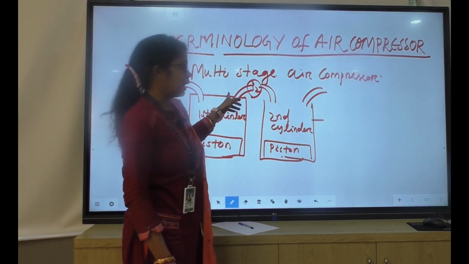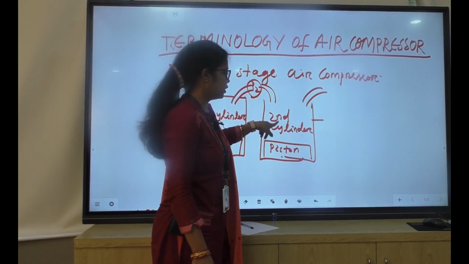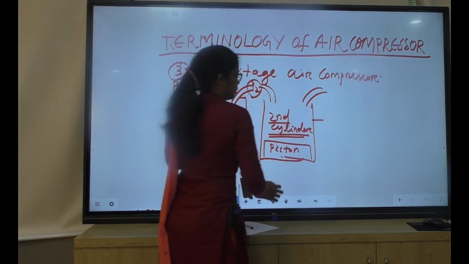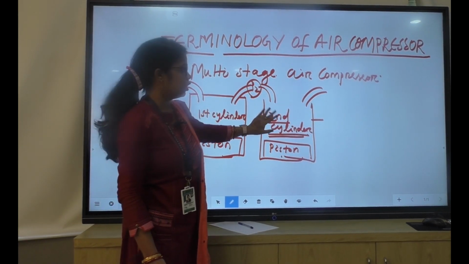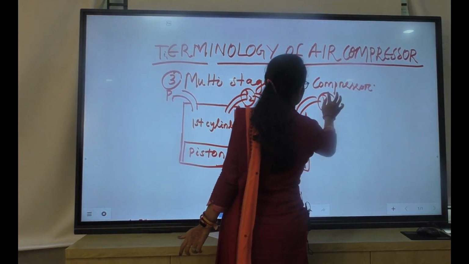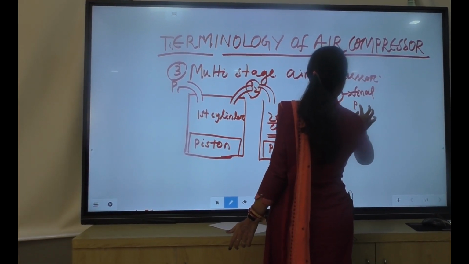And after that the air at P2 pressure will enter the second cylinder. Again the piston will compress the air in the second cylinder up to our desired pressure, that is called P3. P3 is the final or desired pressure.